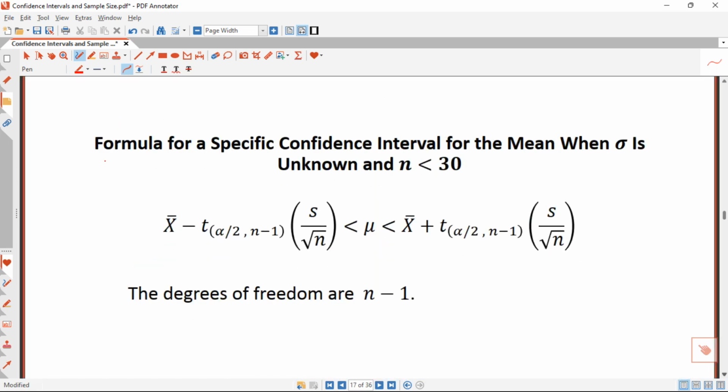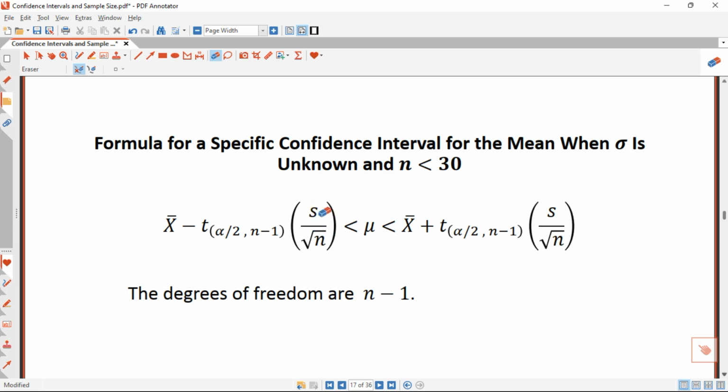So let's go to how we can construct our confidence interval. This is the formula for constructing a confidence interval for the mean when our population standard deviation is unknown and our n is less than 30. Here we have x bar minus t subscript alpha divided by 2, n minus 1, times s divided by square root of n.